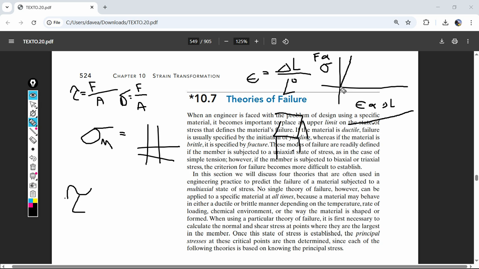It's literally going to go through the same points on the graph, and then you're going to get to that yield. And so right here, right where you get to this yield point, is going to be your strain max. So this is going to be your maximum change in length per the original length you started with.